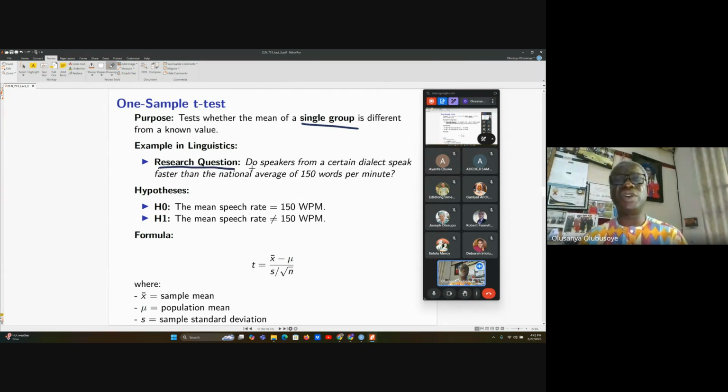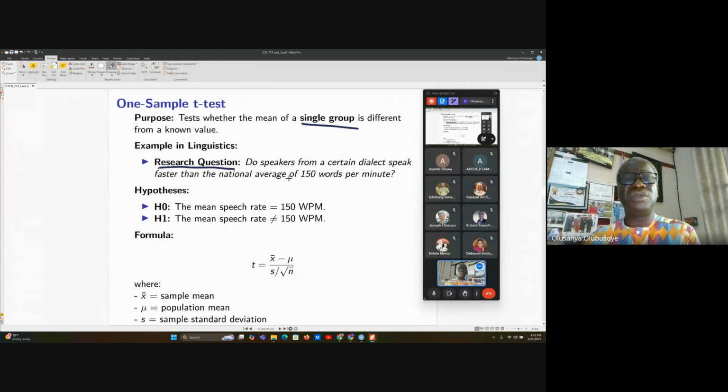We have posed the question as to whether speakers from certain dialects speak faster than the national average of 150 words per minute. The data we have is looking at the word count.